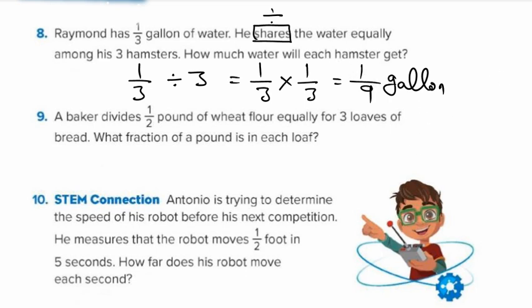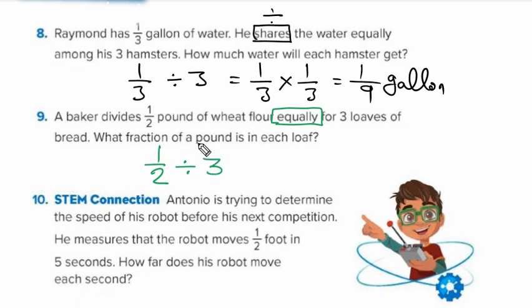Now question number 9. A baker divides 1 over 2 pound of wheat flour equally. When I say equally, you will use divide. 1 over 2 pound of wheat flour equally for 3 loaves of bread. So divide by 3.